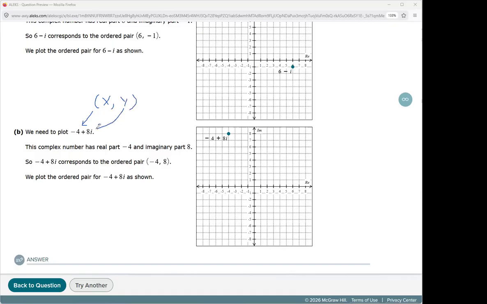So just like we used to do x and y, we have real and imaginary. So -4 and 8i. Positive 8, right? Going up 8 and to the left 4.